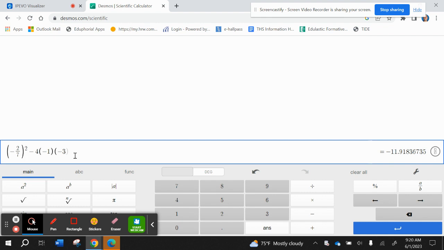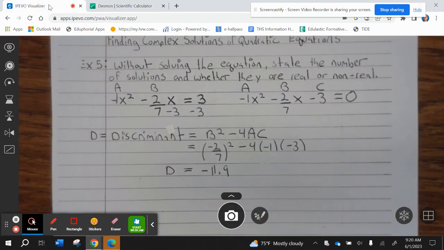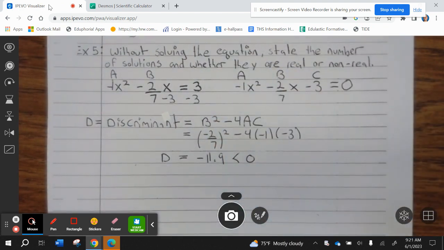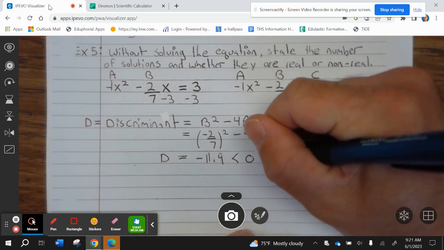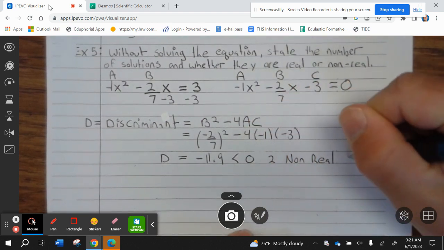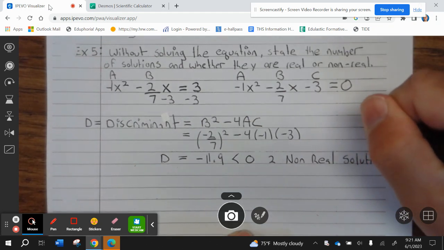Let's just round that to one decimal place. So D equals negative 11.9, which is less than 0. So there are two non-real solutions.